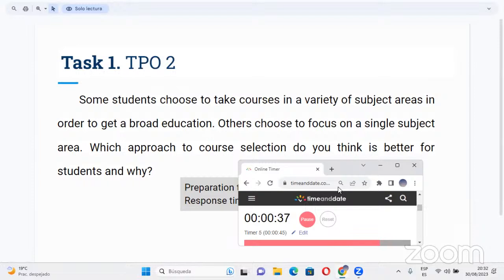Because if you take different subjects, probably you can't have enough time for them. And for this reason, I prefer that they start with a subject.